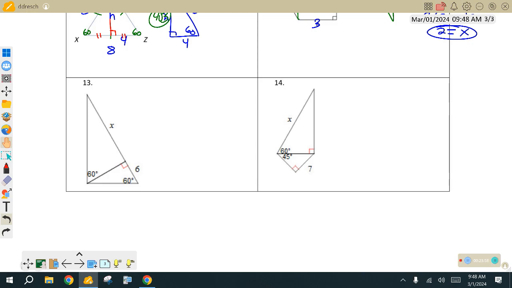14 brings us to blending the two together from yesterday. As we've done before, even before yesterday, with Pythagorean theorem, we've had to split these apart and find that shared side. So let's call another variable out there for that shared side. And we're starting off with the 45.